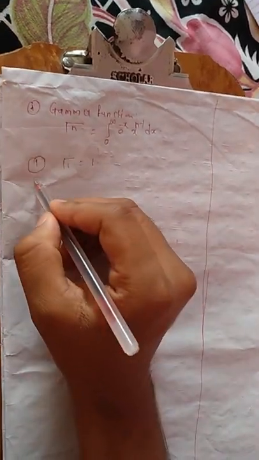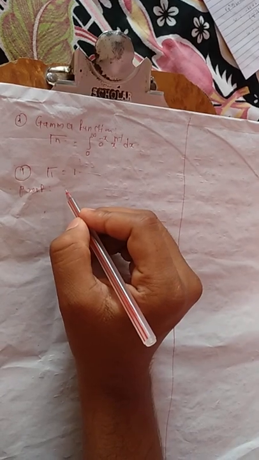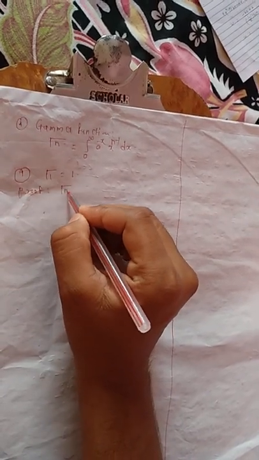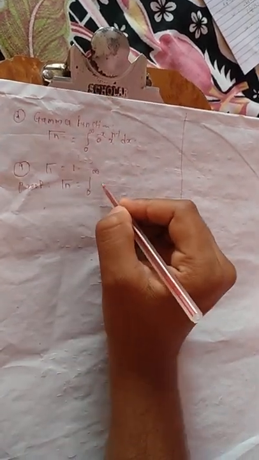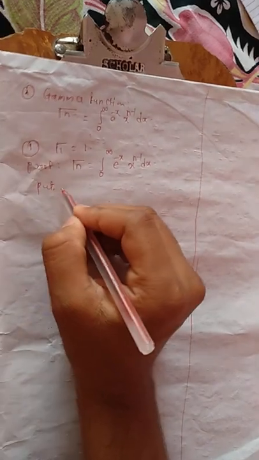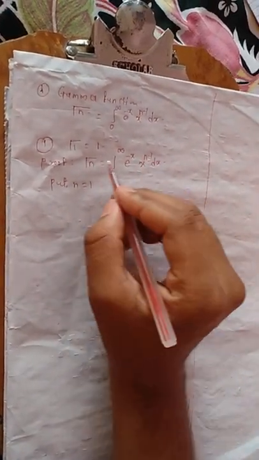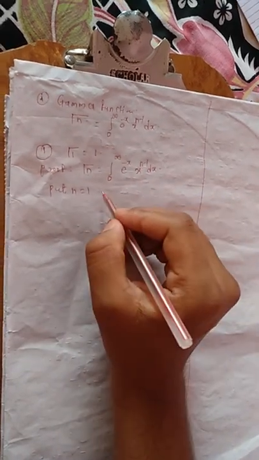Now we'll see the proof of this, how it comes. We have the definition of gamma. So gamma n is equal to integration 0 to infinity e raised to minus x, x raised to n minus 1 dx. We will put n is equal to 1 on both sides.